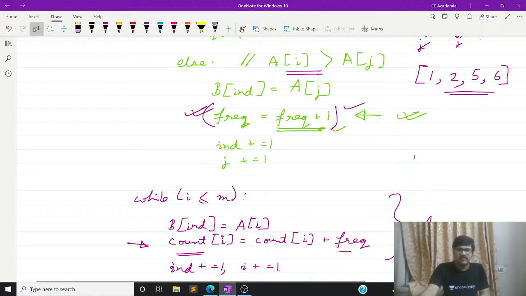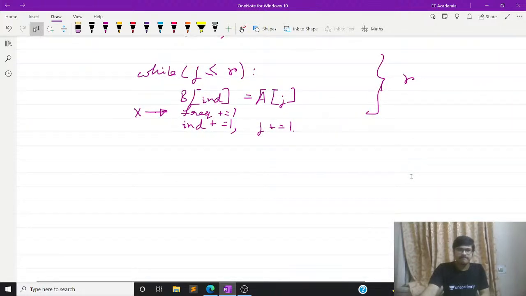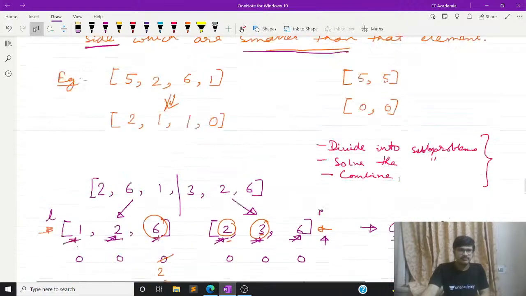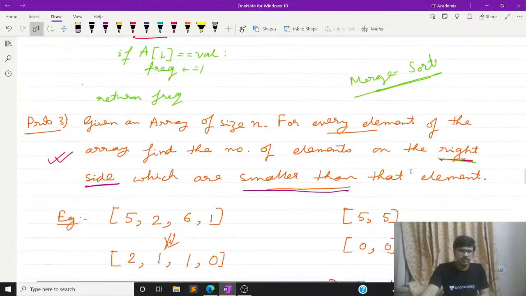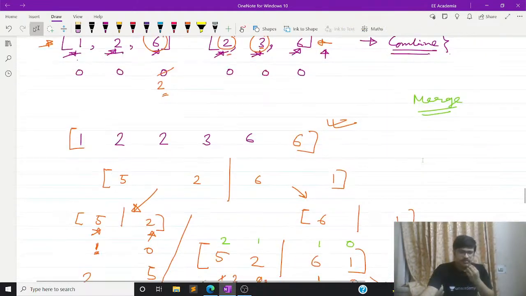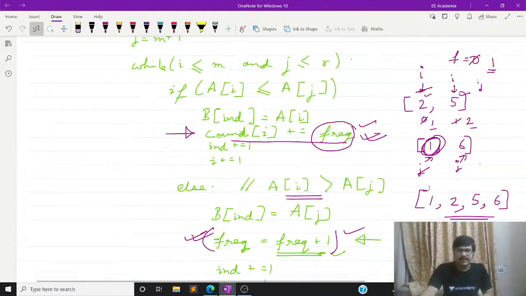Tell me in the chat if it is clear. So this was the problem: count the number of elements on the right side which are smaller than the element.